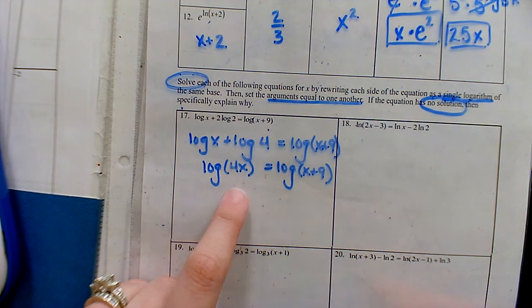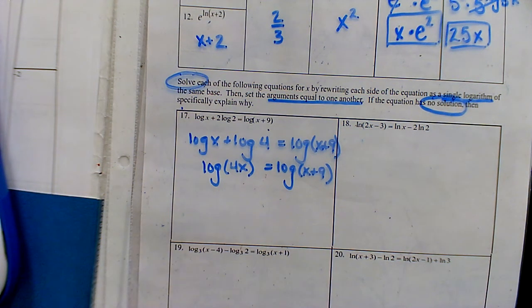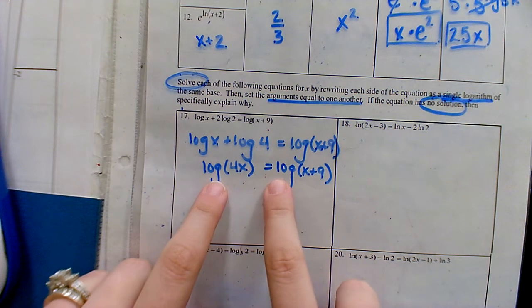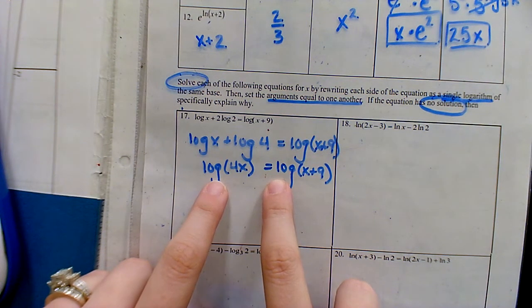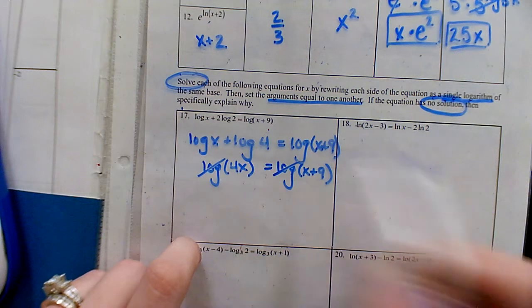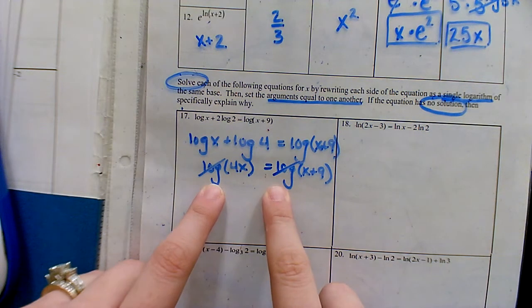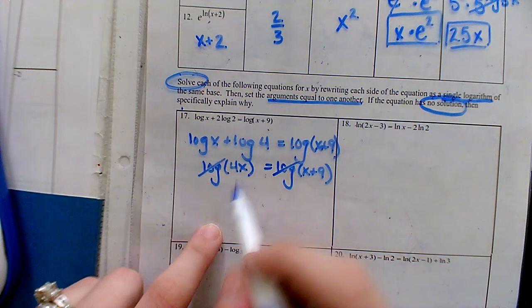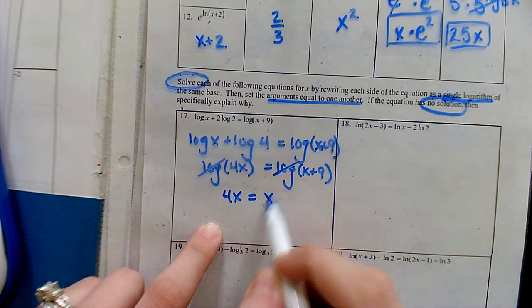What do you think, Maddie? There we go. Don't we already know the logs match each other? Aren't they the same log of the same base? So in your head or on your paper, you can think about just canceling those out because they're already the same. So we're just going to set the arguments equal to each other.